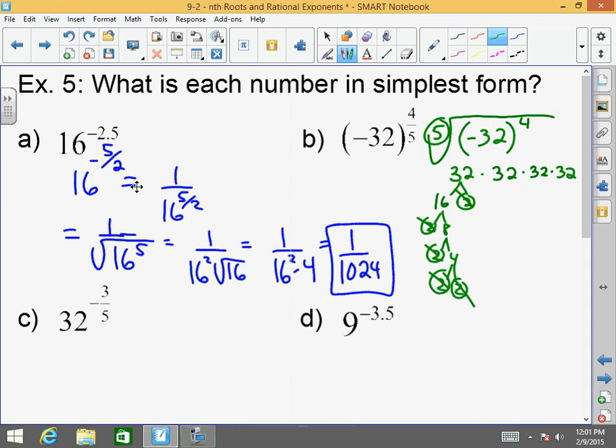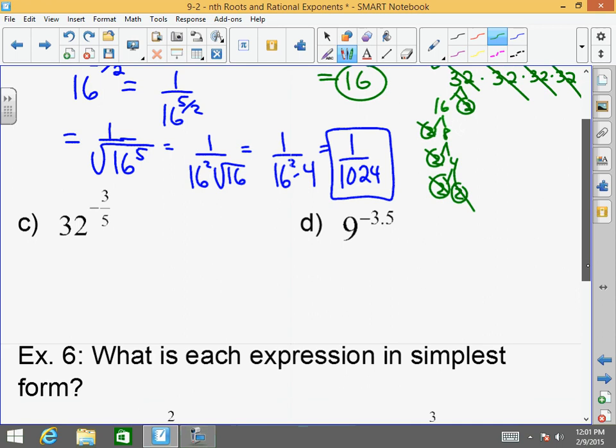So for every 5 sets of the same value in a fifth root, I can pull out one of those numbers. So I can pull a 2 out for this 32, and a 2 for this guy, and a 2 for this guy, and a 2 for that guy. So 2, 4, 8, this will equal 16. It's a lot easier than multiplying 32 times itself 4 times and then trying to break that down. A lot easier.